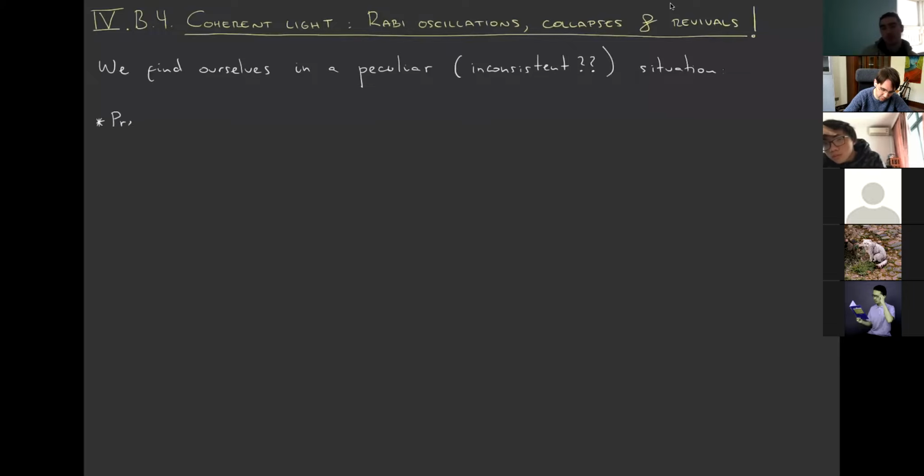So in the previous chapter, we saw, as I have reminded you, that Rabi oscillations happen when you have the interaction of your atom with a classical field.